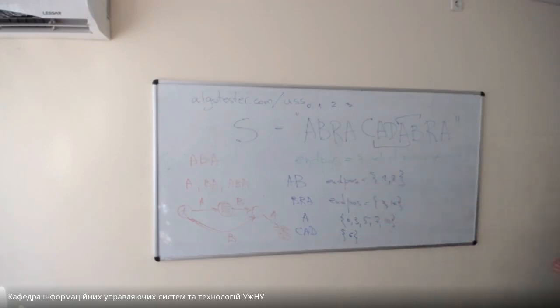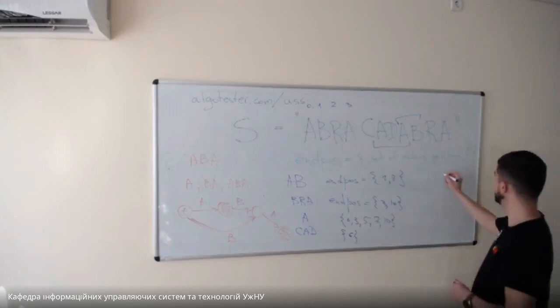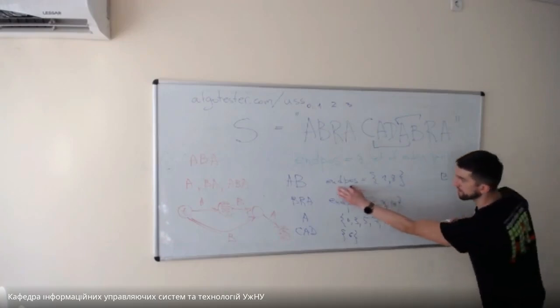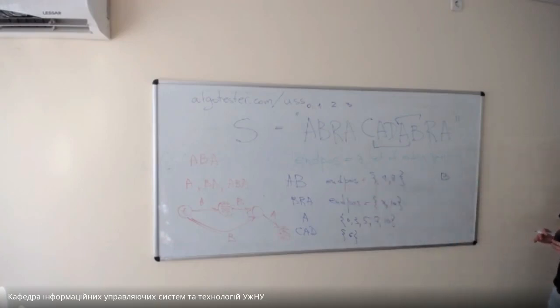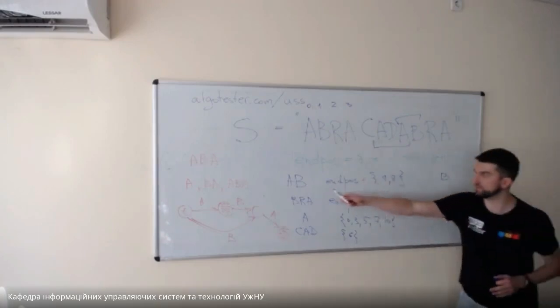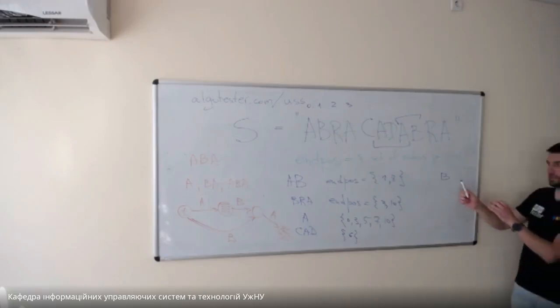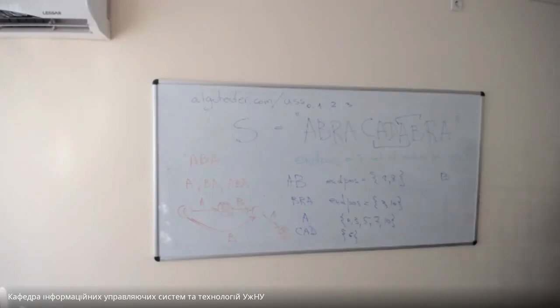For example, if we consider string B, then for string B, the set of ending positions is the same as for AB, and it's 1 and 8. So in these terms, AB and B are equivalent.